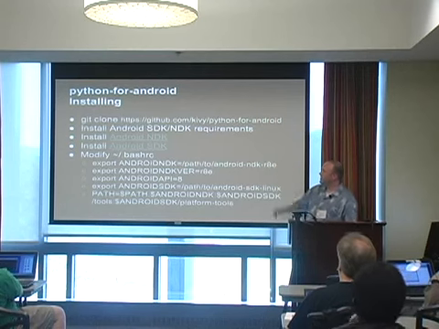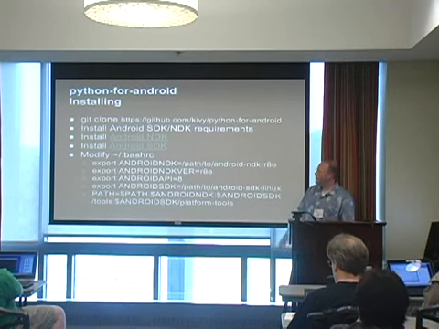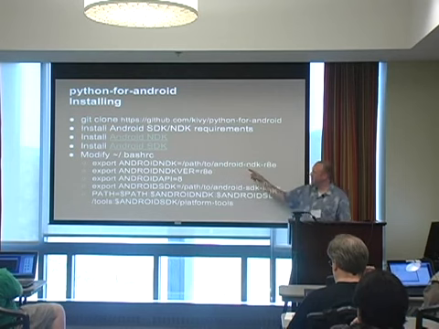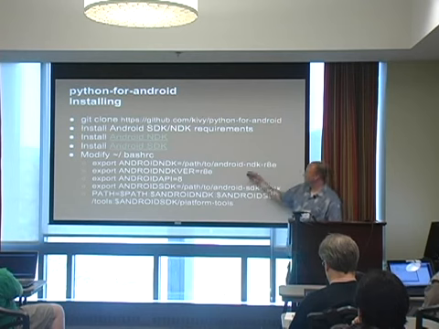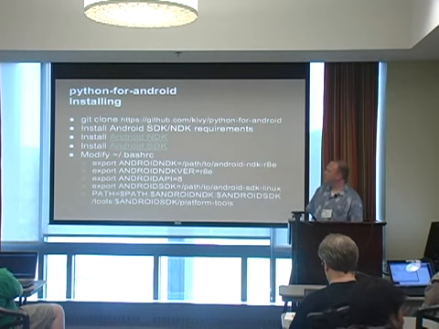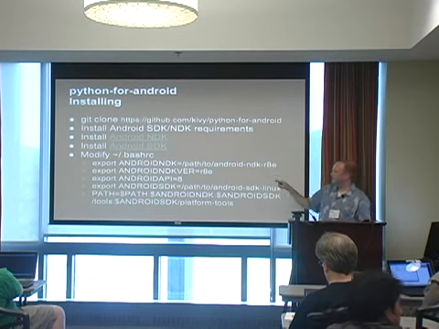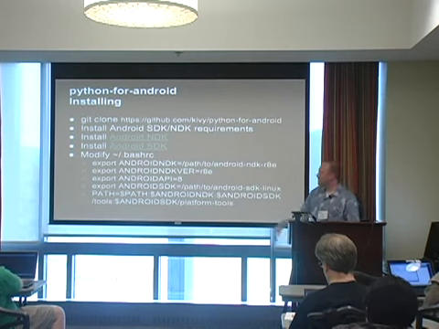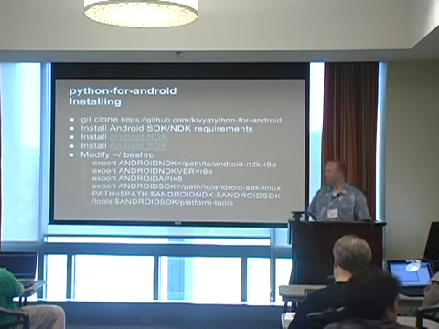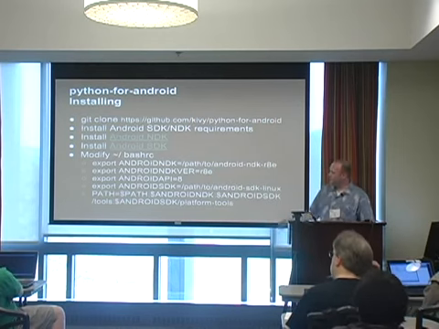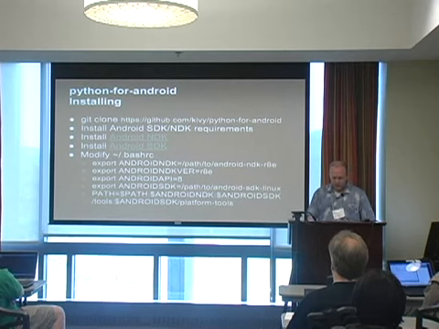Make sure you read the install docs. Once you've installed the NDK and SDK, you go into your bashrc, your settings, and set the paths to those. When you run Python for Android, it reads those environment variables to figure out where the NDK is, where the SDK is, and what NDK version and API version you're using. So these are important for Python for Android, and it's an easy step to forget too.